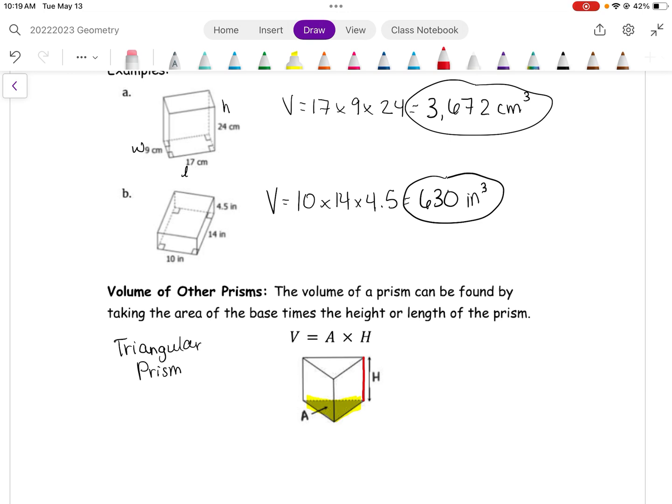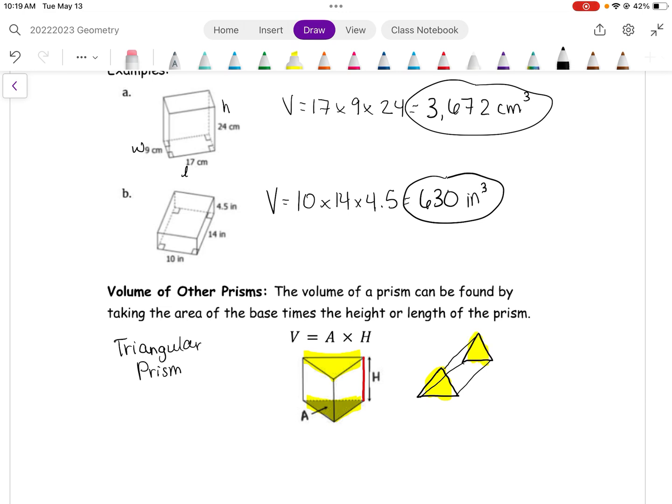I'm going to actually draw this picture another way. So as I said before, your triangles are the bases. If I just took this prism and I turned it on its side to where it looked like this instead, that shouldn't change the volume. These are still the bases.